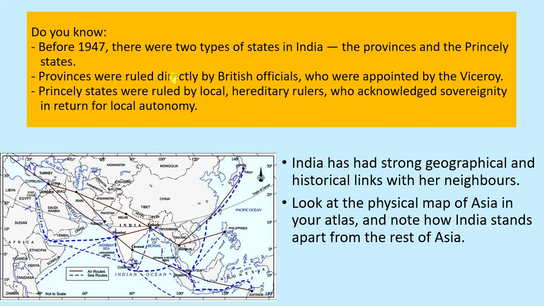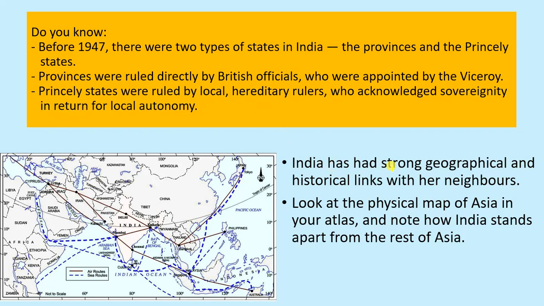Provinces were ruled directly by British officials who were appointed by the viceroy, and princely states were ruled by local hereditary rulers who acknowledged sovereignty in return for local autonomy.